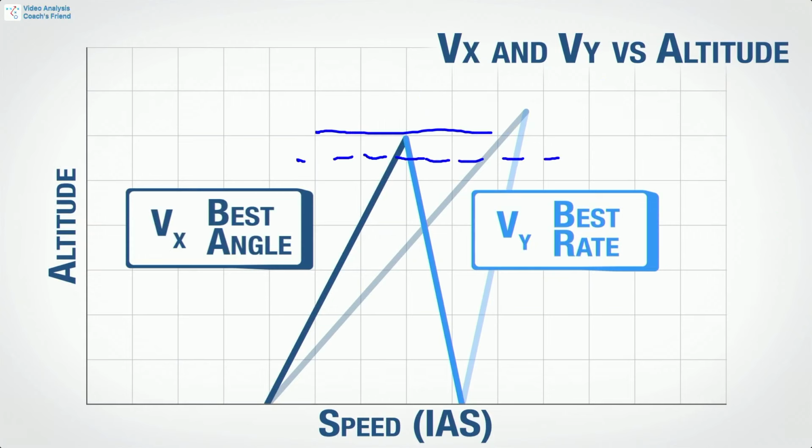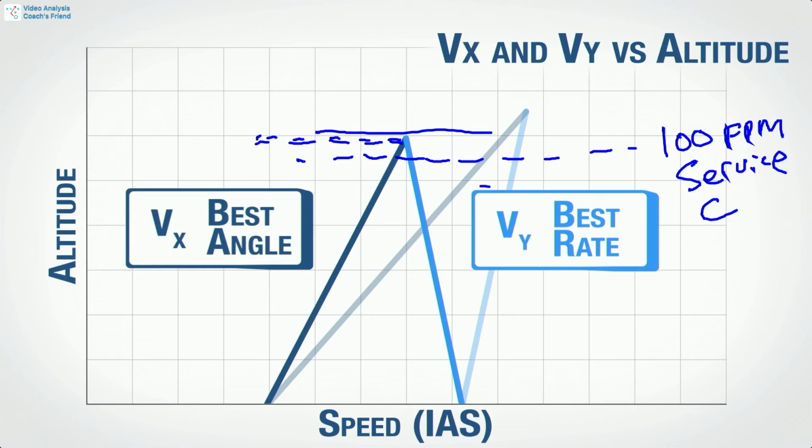Somewhere below here, at 100 feet per minute, is what they call your service ceiling. Somewhere in between here, if you're flying a multi-engine airplane at 50 feet per minute, is your single engine service ceiling.